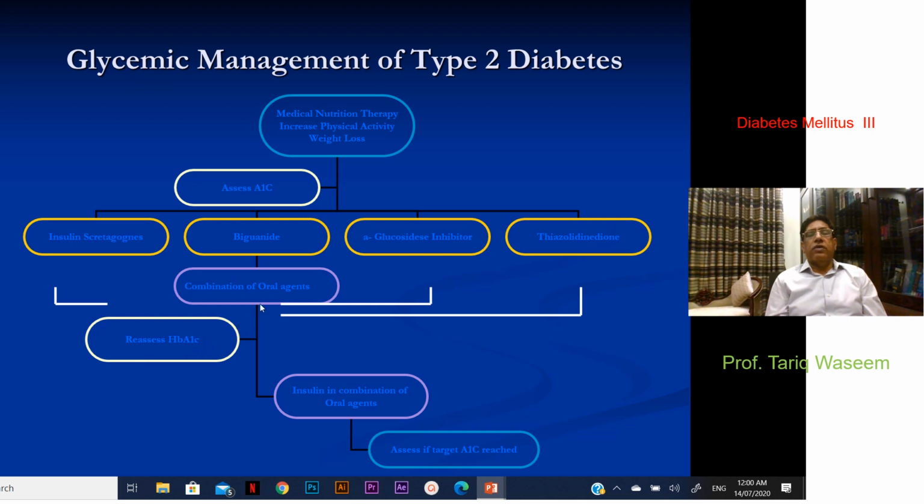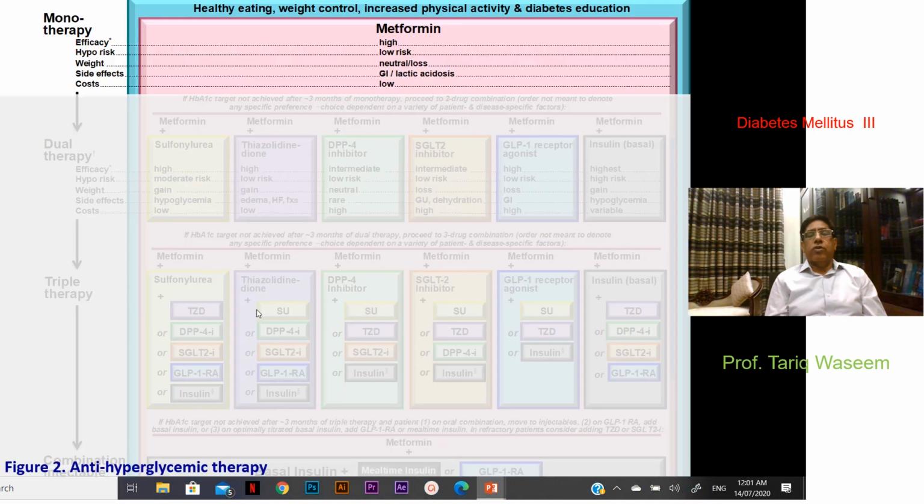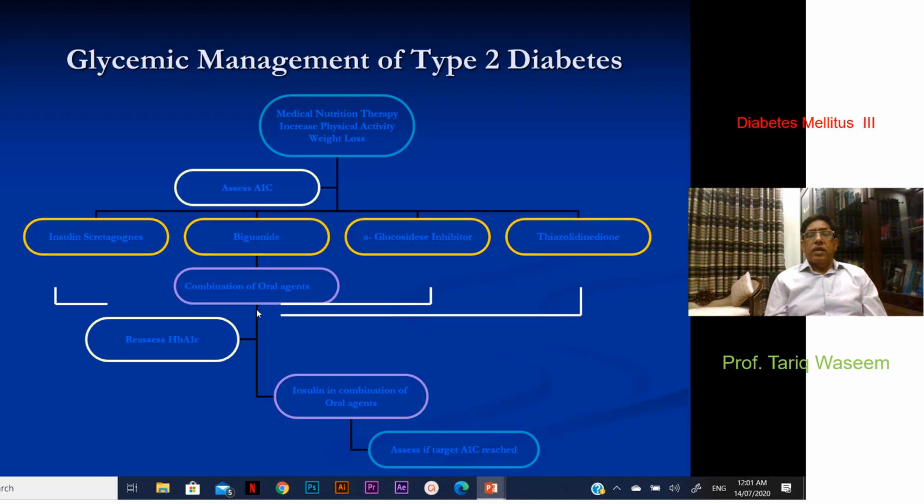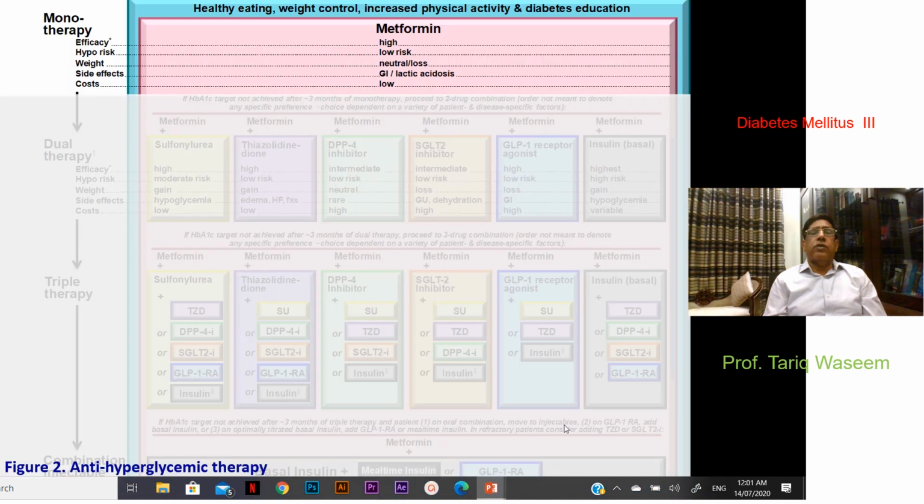So starting from the nutrition therapy in the first step, a single agent in the next step, combining these agents in the third step, and then possibly sometimes even going to not only two but multiple combinations. And then if there is still failure to achieve the target, in addition to that you add insulin to your agents, and then again you assess whether the target A1C is achieved or not. So now we will talk one by one about what we do.